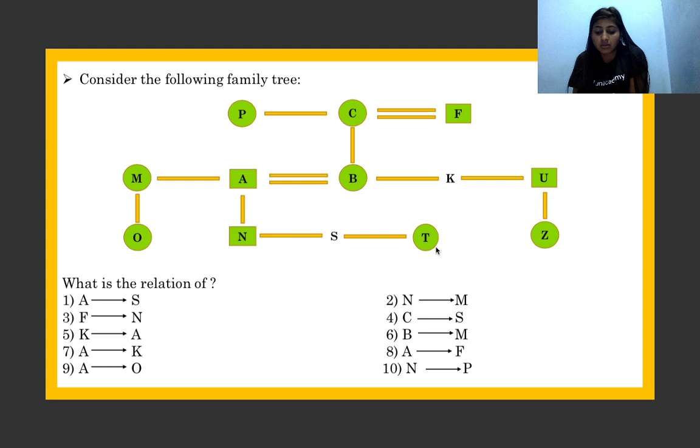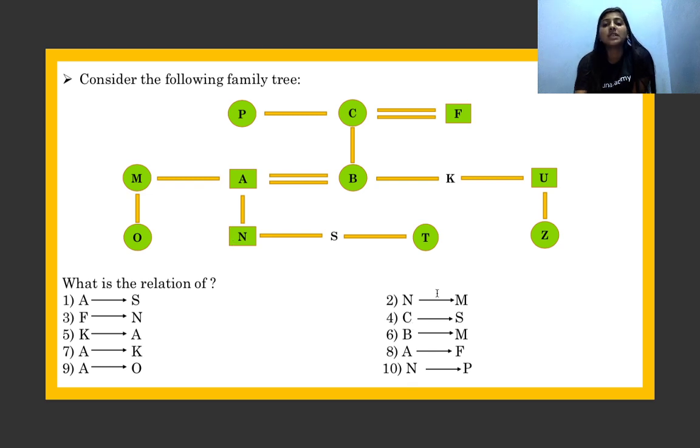Next, 3, 4, 5, 6, 7. Just keep answering. Okay, so F to N. F is the maternal grandfather of N. Okay, N's mother's father. So maternal grandfather, and N will be the maternal grandson.